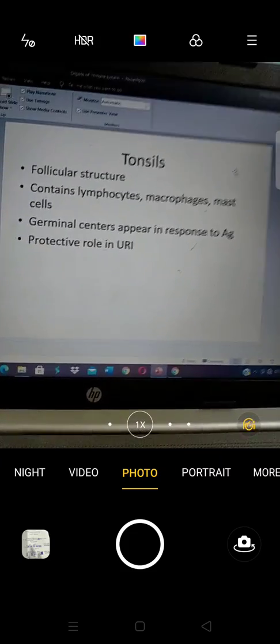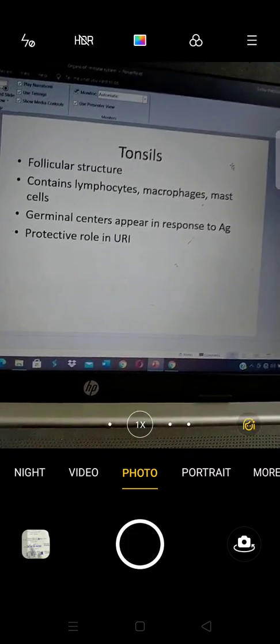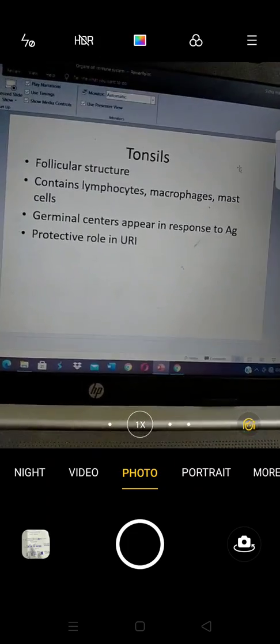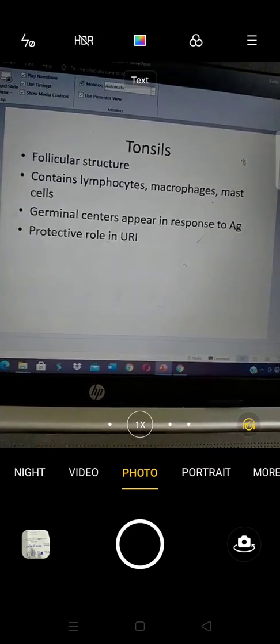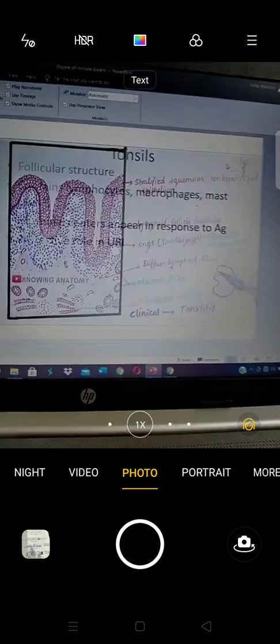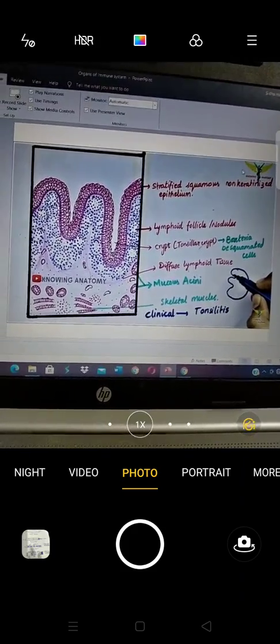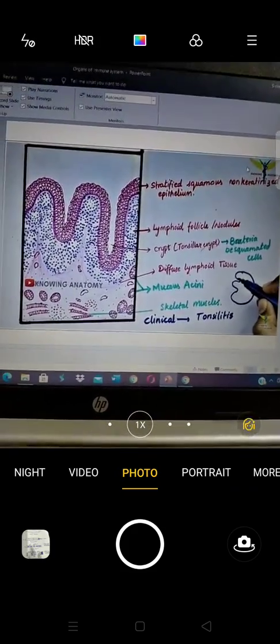The tonsils contain a considerable amount of lymphoid tissue and are composed mostly of B lymphocytes. The lymphocytes are packedly arranged in follicles which usually contain large germinal centers.